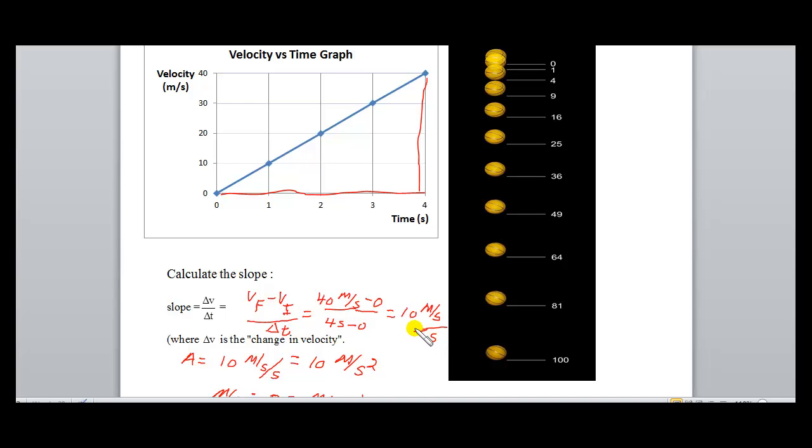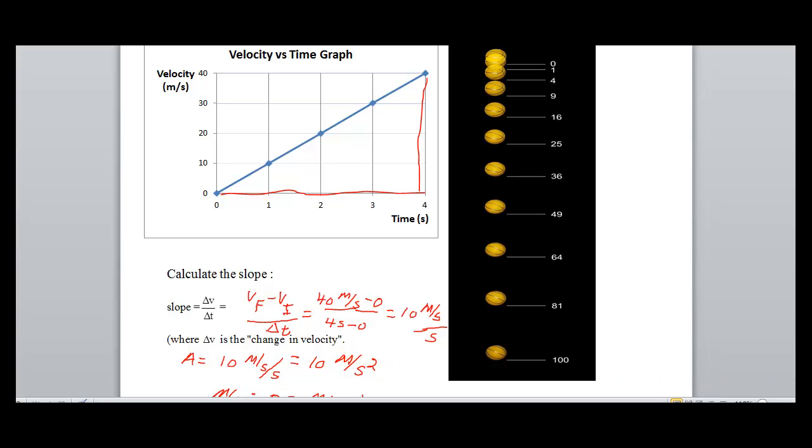This right here tells you how the velocity is changing. In other words, it's the acceleration value for this particular falling object. And I kind of like this form, although there's another form for the units, and that is that basically acceleration is meter per second, which is meter per second squared.